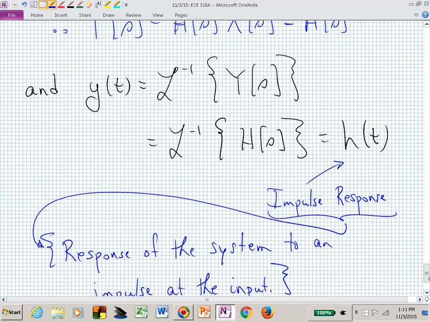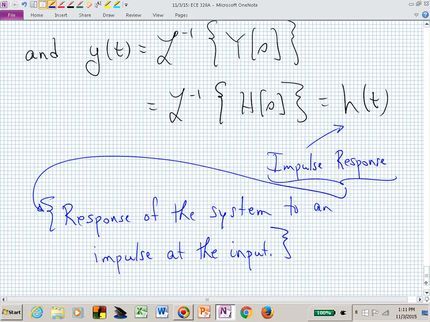And we know now how to relate the output, capital Y of S, the system's transfer function, capital H of S, and the input of our system, capital X of S. We know how to do that in the frequency domain. What we want to know at the end of today is how are those related in the time domain.